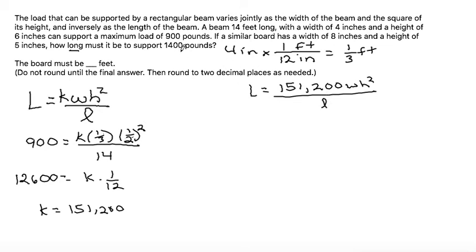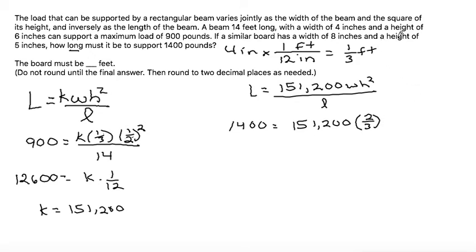We can plug in the 1,400 into our load. So that would be 1,400 is equal to 151,200 times, it says the width is 8 inches, so we need to convert that into feet. If we have 8 inches, that would be double the 4 inches, so that should make 2/3 of a foot is the width.